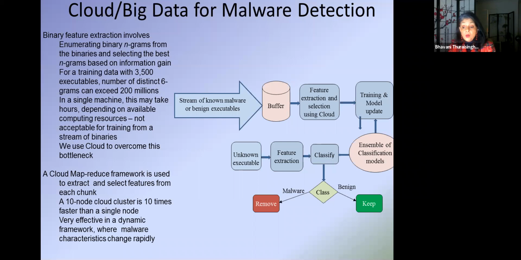But now we are re-implementing this entire algorithm, stream-based novel class detection, this entire data science, data mining, machine learning algorithm in the cloud, right? So re-implementing it, and to see the performance. Binary feature extraction involves enumerating binary n-grams from the binaries and selecting the best n-grams, which I talked about yesterday, based on the information gain, for a training data with 3,500 executables.